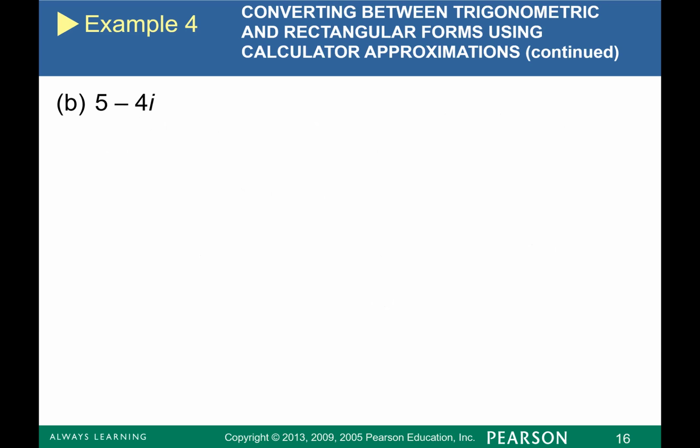All right, 5 minus 4i. Let's convert that to polar form. Does it matter if I have the calculator left in polar and a plus bi form? It shouldn't unless you go to graph.